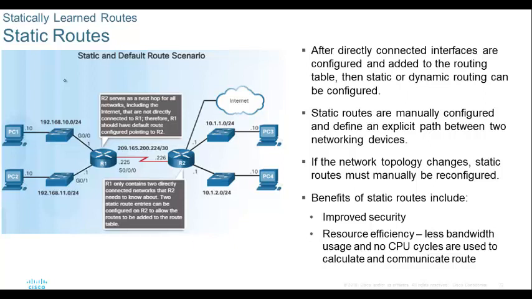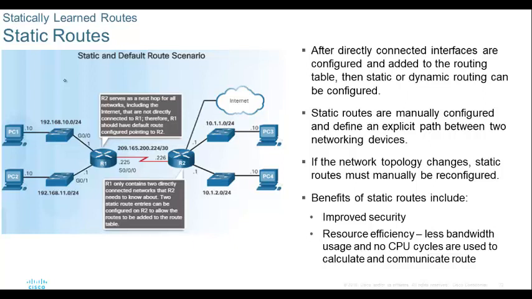And for the remote networks, we need to either statically write the route to reach those remote networks, or we have to enable a dynamic routing protocol. What are static routes?